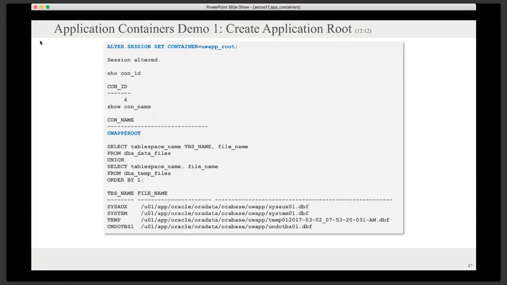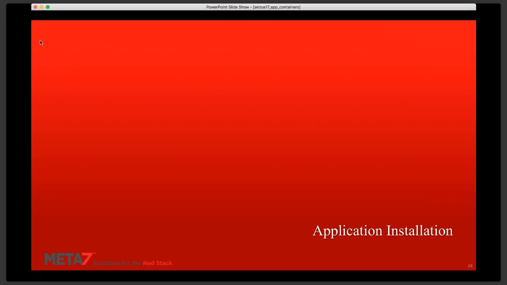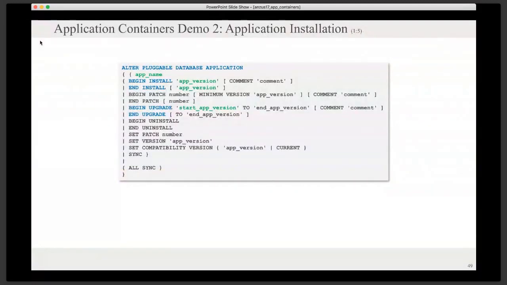Let's go to the next slide and let's talk about installing an application. When I install an application, this is a huge departure from what you're used to in any previous version or Oracle database. Let's go, 1 of 5 of demo 2. And here's the syntax: alter pluggable database application.